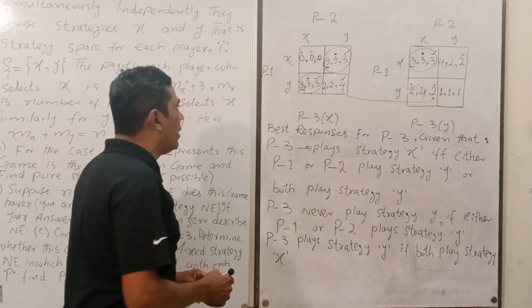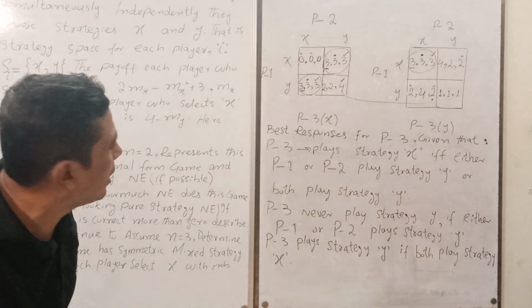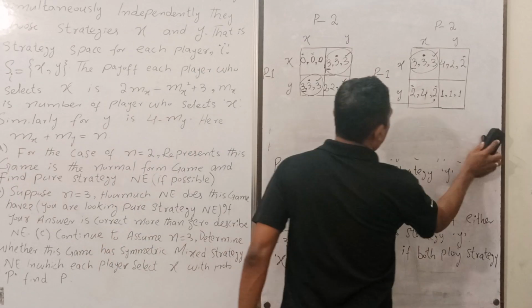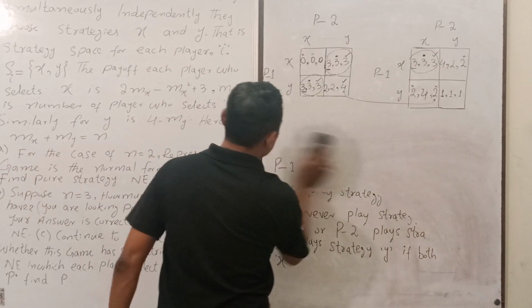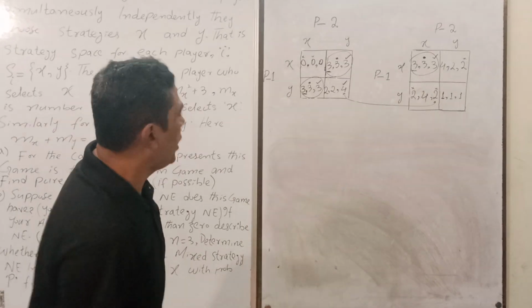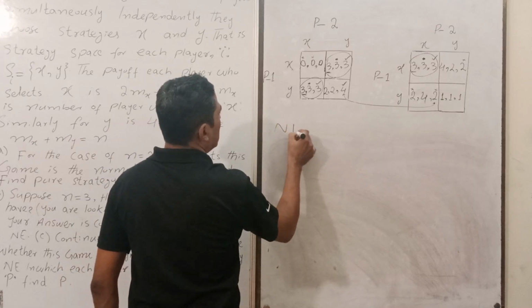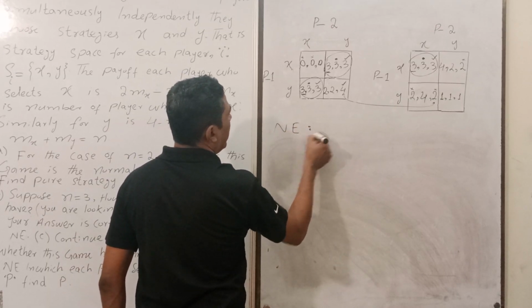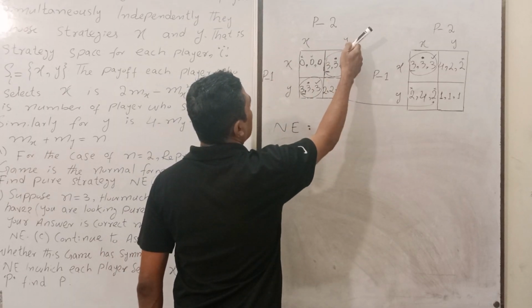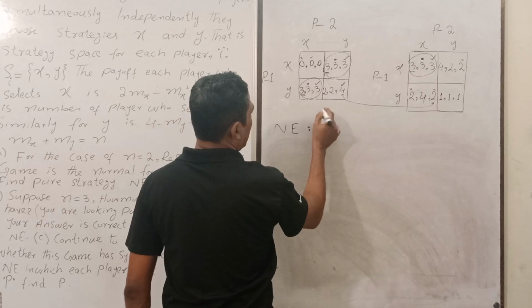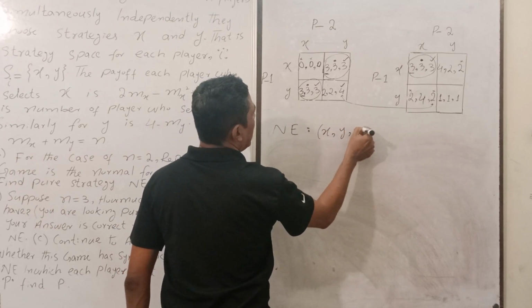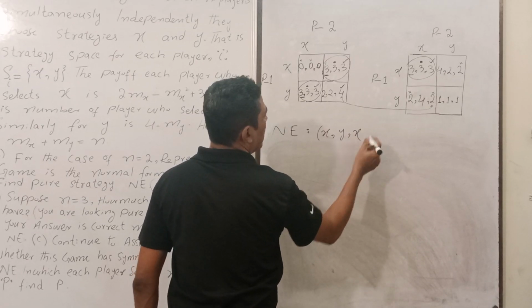So now I am marking the 3 Nash equilibria in the 3 by 3 matrix. Nash equilibrium here: yes, X, Y, X. It is the strategy of player 3.